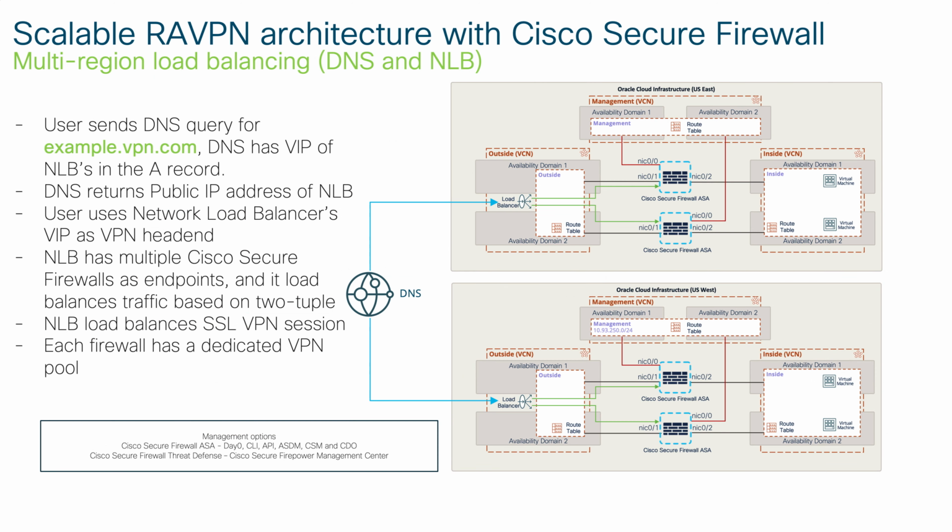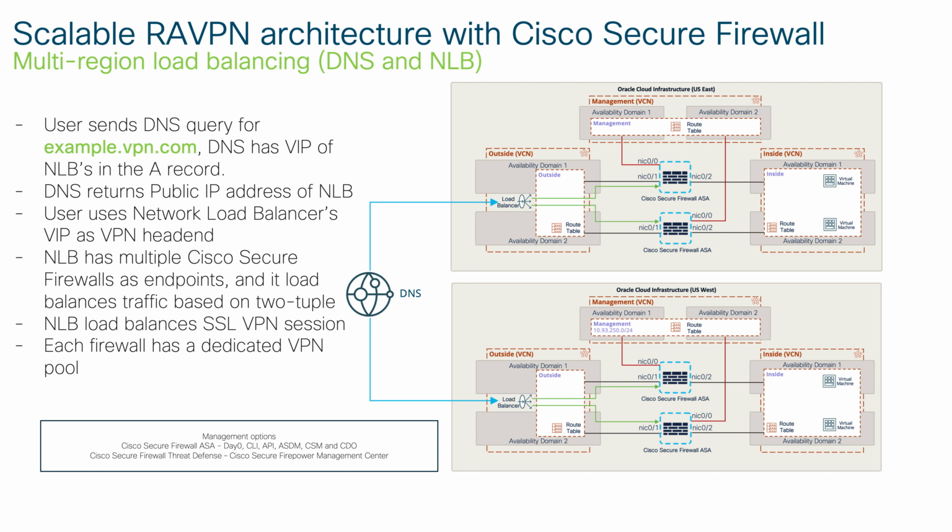There is another example where I can have a combination of DNS load balancing and a load balancer as well. Now in this example, I have two regions, US East and US West. I have a DNS, and that DNS will point to my network load balancer in each region.